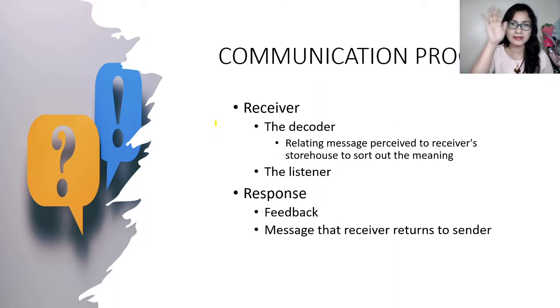So if there's a message like a sign, what does it mean? Again, the response here is the feedback. The feedback can either be verbal, something said, or just shown or conveyed, which is non-verbal.